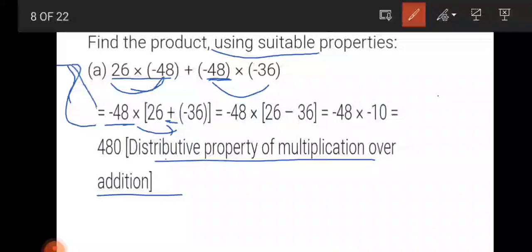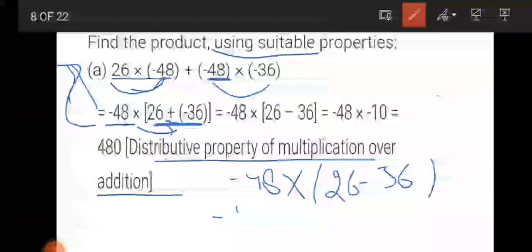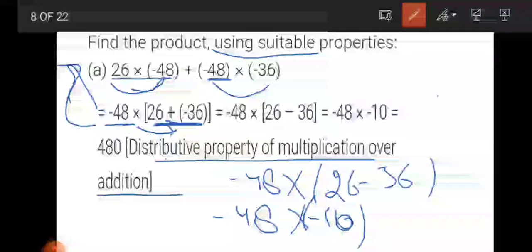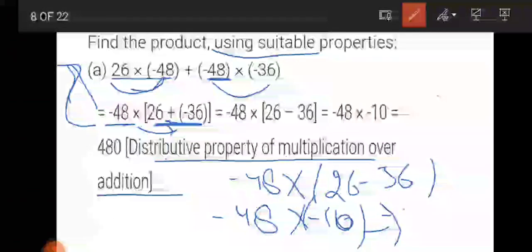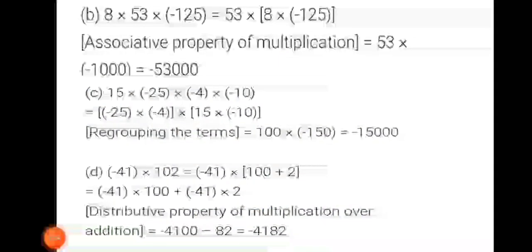And you solve this: plus minus is minus, so minus 48 multiplied by 26, and plus minus is minus 36, and then you subtract and you get minus 10, and I multiply by minus 10 and minus 48, so minus times minus is plus, and you get the answer 480. That's it. Okay, here's the second question.